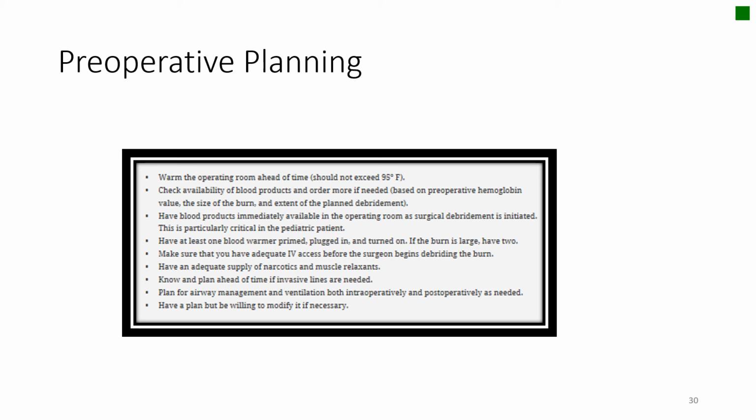Again, you can see a table here that talks about having a warm operating room ahead of time. These patients lose heat very rapidly, so it's important to have a warm OR. It's also important to measure the temperature appropriately, and this can be obtained by a properly positioned esophageal stethoscope.